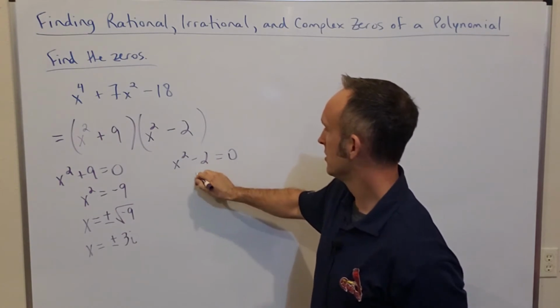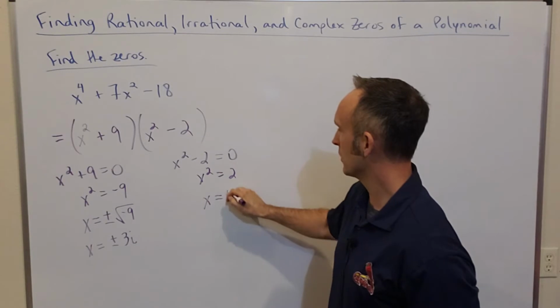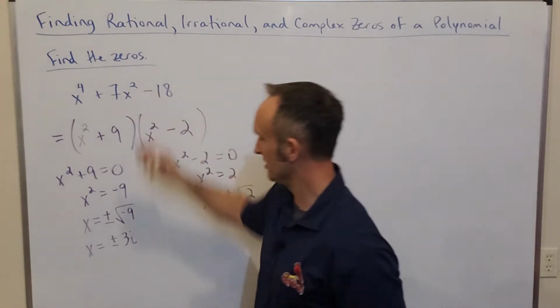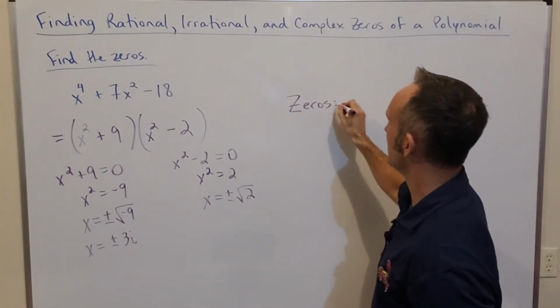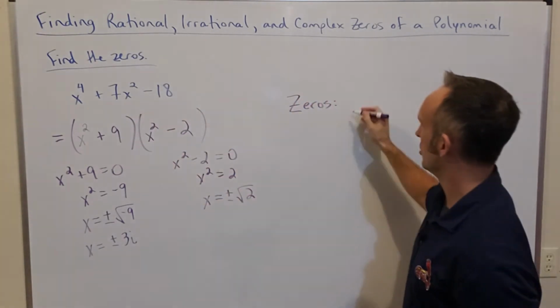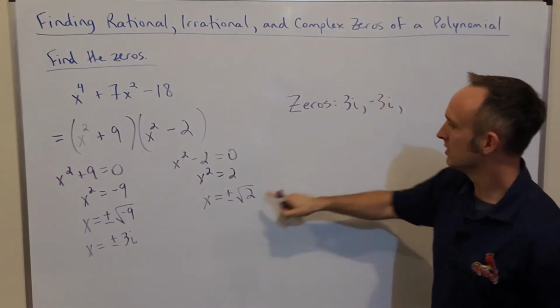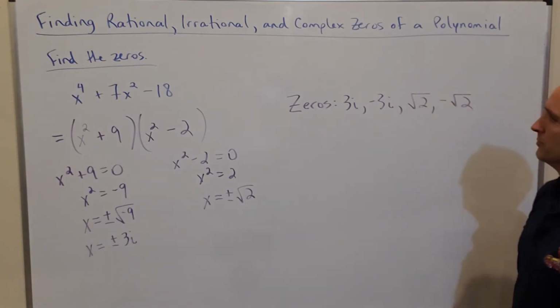Over here, add 2 to both sides, take the square root, and we get plus or minus the square root of 2. So the zeros, the answer to this question, the zeros of this quartic polynomial are 3i and negative 3i, positive square root of 2, and negative square root of 2.